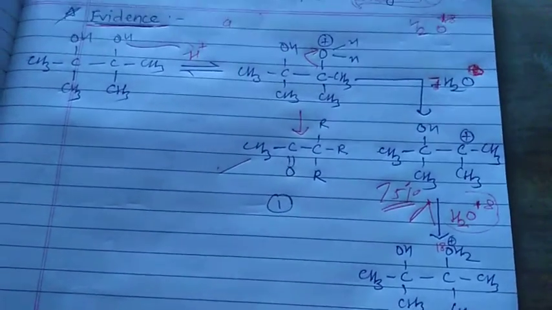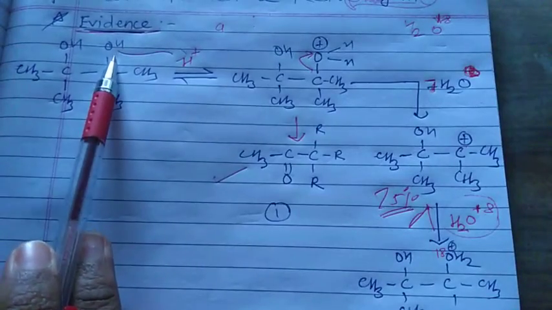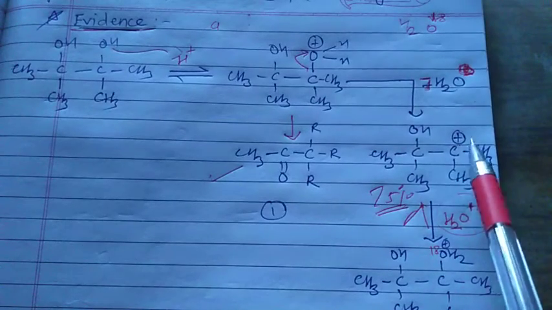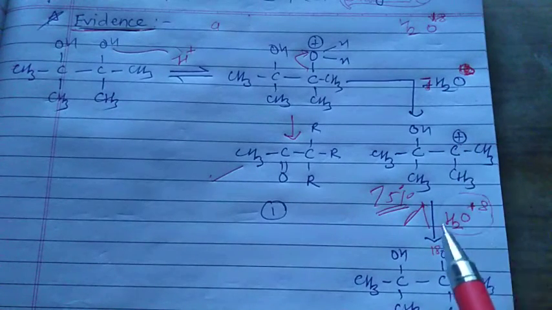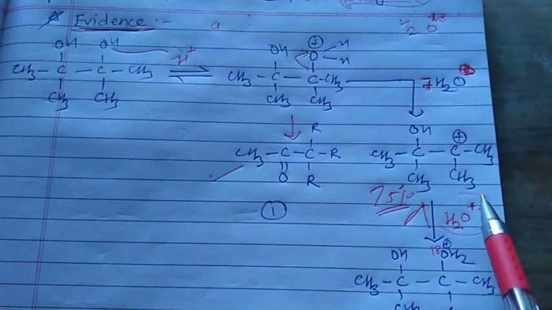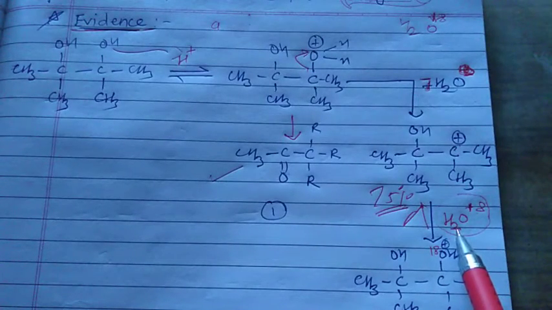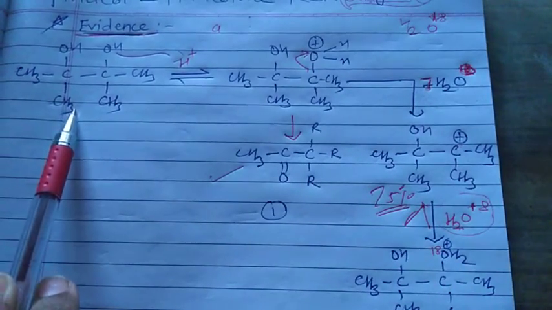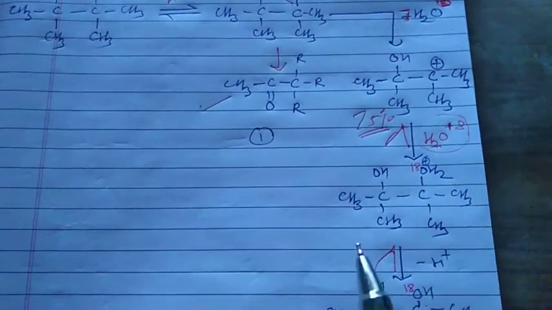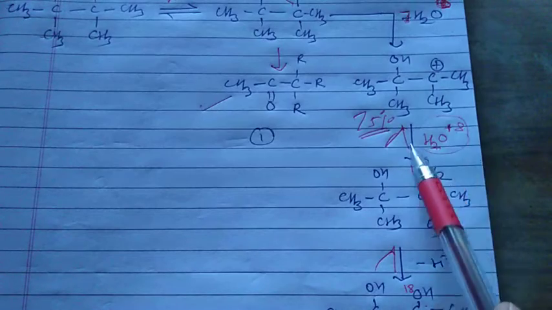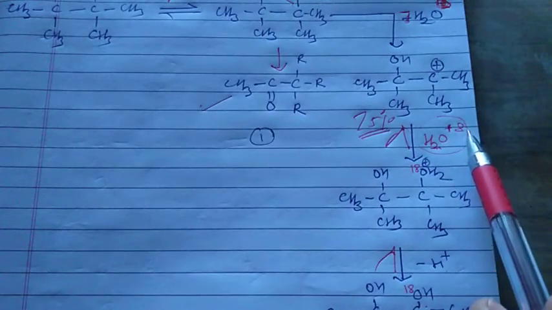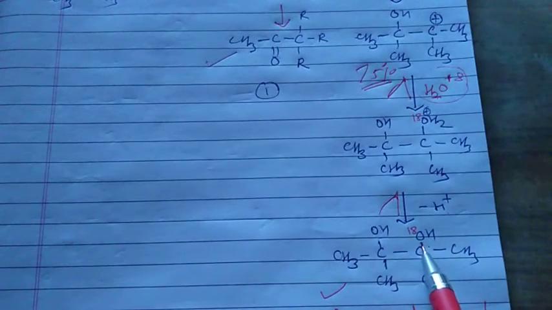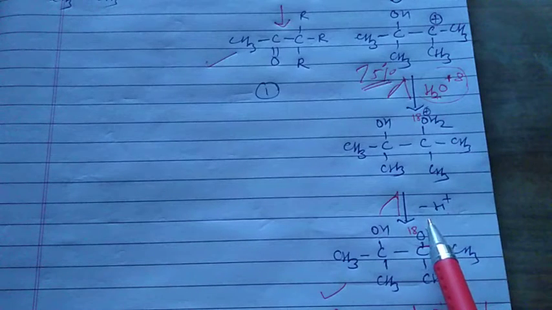What happened here? Whenever this acidic reaction takes place, by removing the water molecule there is a formation of the carbocation. Then whenever we add the isotopic oxygen in the form of acidic water, the reaction reverts back to the diol, and when the isotopic water molecule is attached to this carbocation, there is a formation of the isotopically labeled diol.